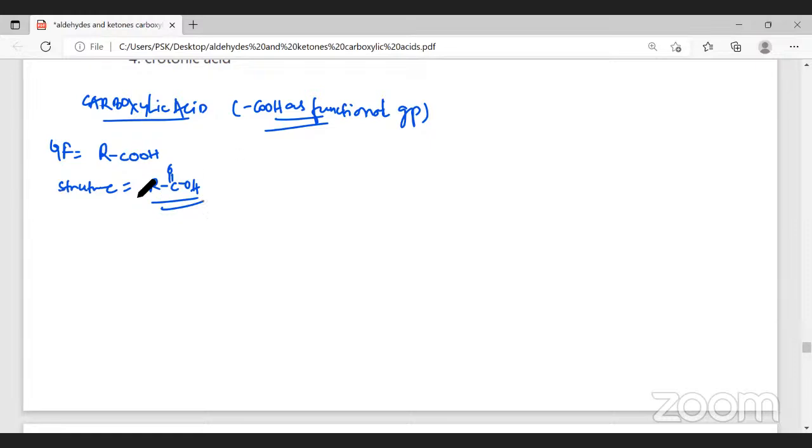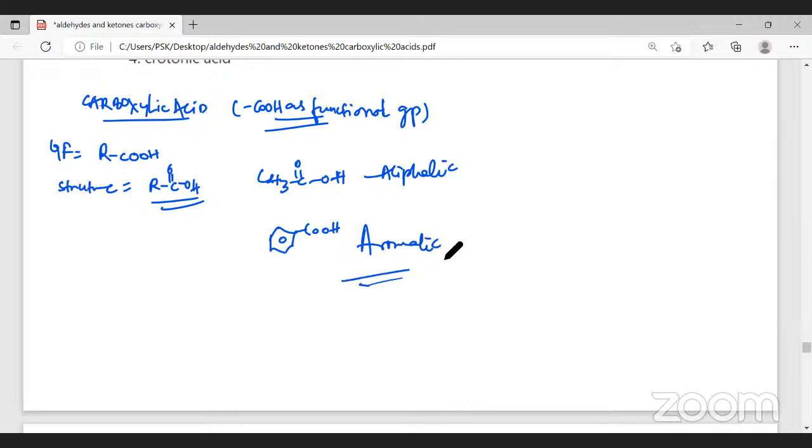Aliphatic carboxylic acids like acetic acid, propanoic acid, all those are aliphatic. But if you take benzoic acid like this, C6H5COOH, this is an aromatic acid. So any carboxylic acid which contains a benzene ring will be called an aromatic carboxylic acid.